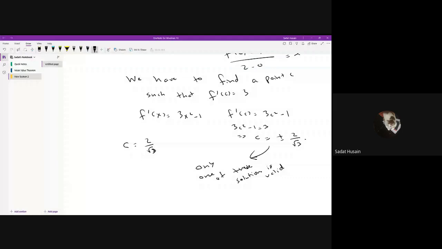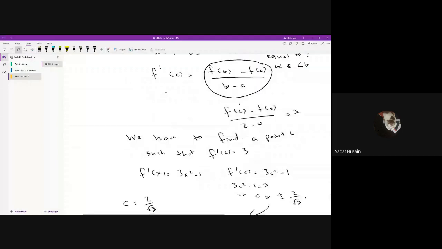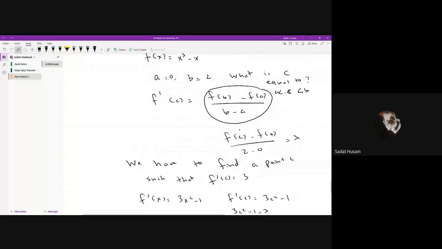Because remember, c has to be between a and b, and a is 0 and b is 2. So c cannot be negative.